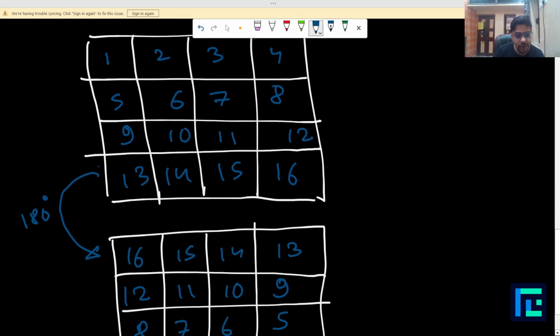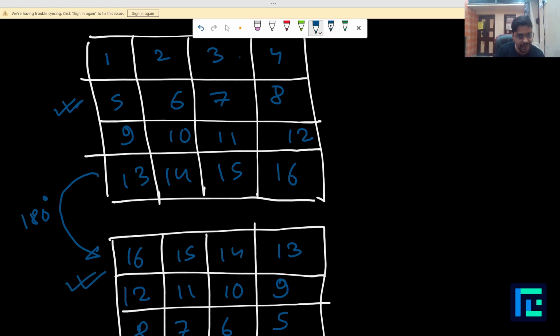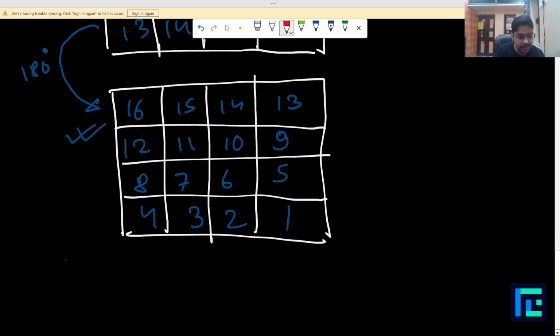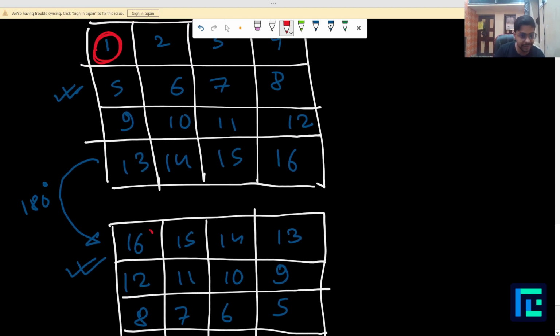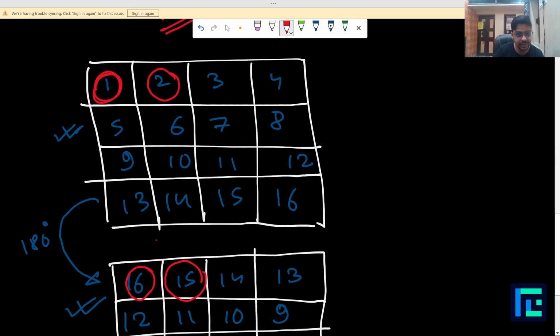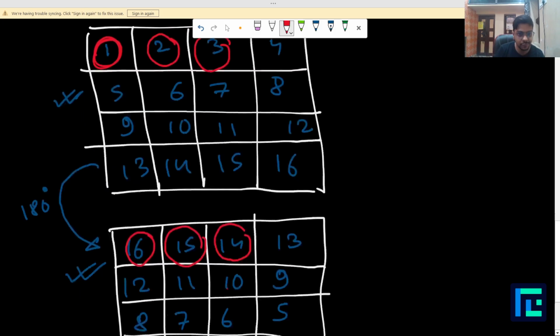What I want is that whatever pattern is in this grid should exactly match this grid as well. So the color at cell 1 should be exactly equal to the color at cell 16. Don't I want this? Similarly, the color at cell 2 should be exactly equal to the color at cell 15, and the color at cell 3 equal to the color at cell 14.